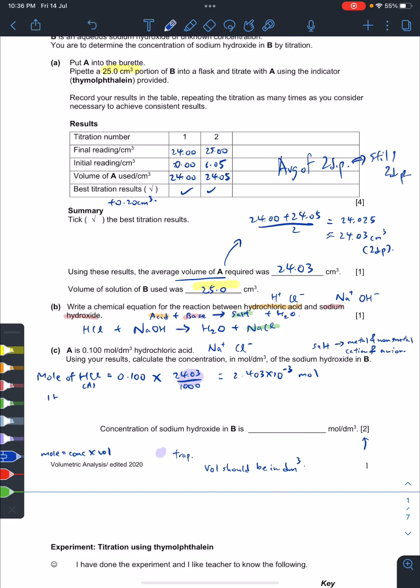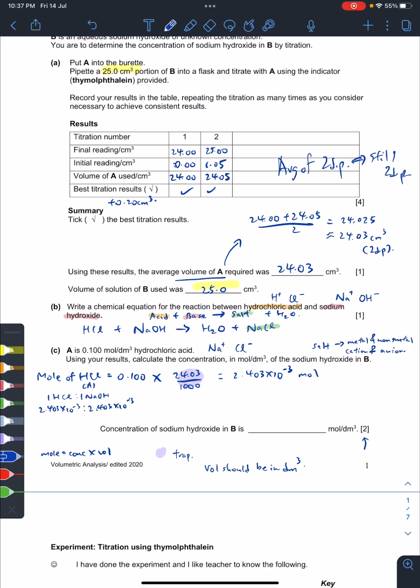So 1 HCl is to 1 NaOH. I don't have 1. I have 2.403 times 10 power minus 3. Which means this is 2.403 times 10 power minus 3. Cool. So don't think this is the answer.